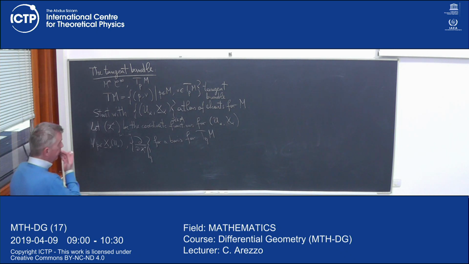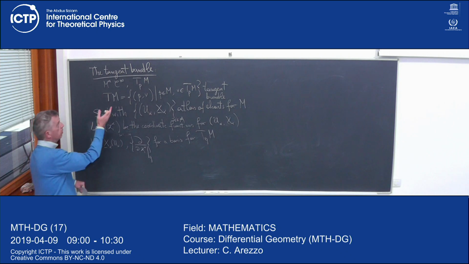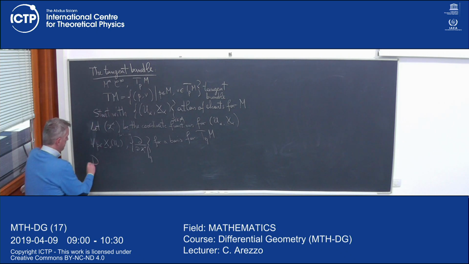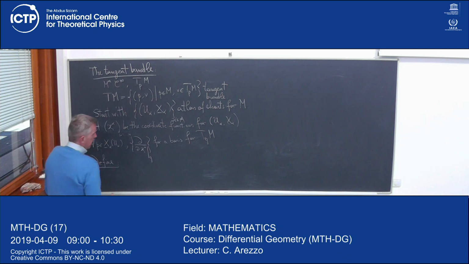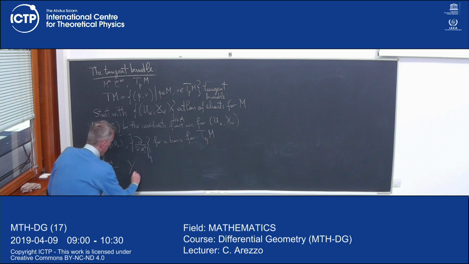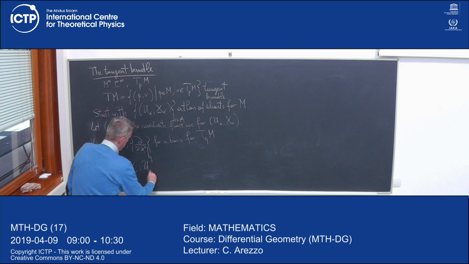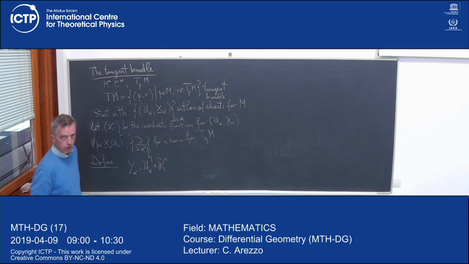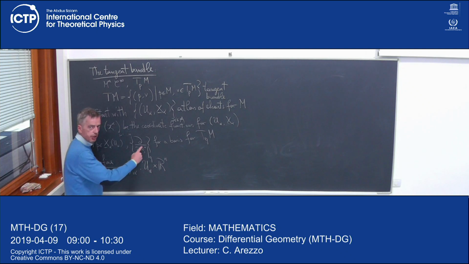Okay, so how do I define charts for the whole tangent bundle? So define, I won't touch the set U alpha, but I will call it Y alpha, a map from U alpha cross Rn. So this will be my new domain of a chart.